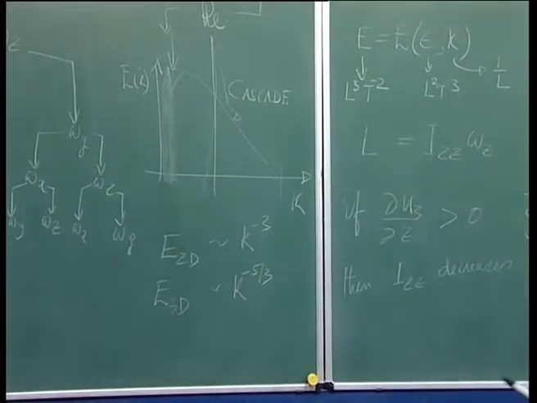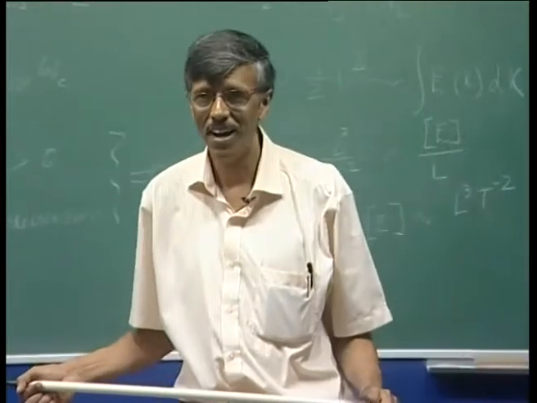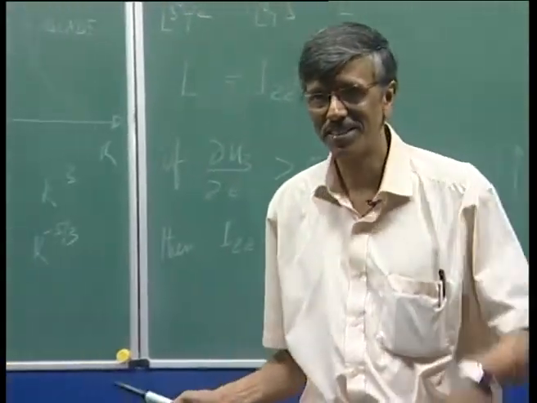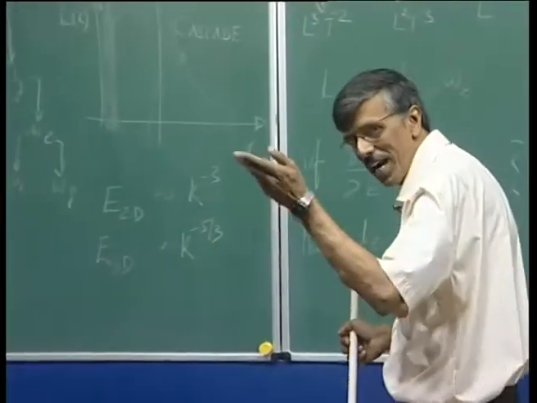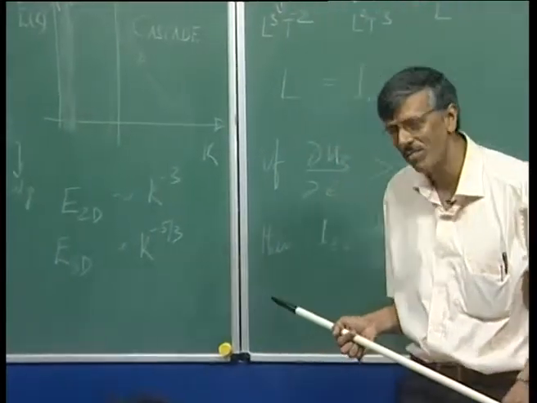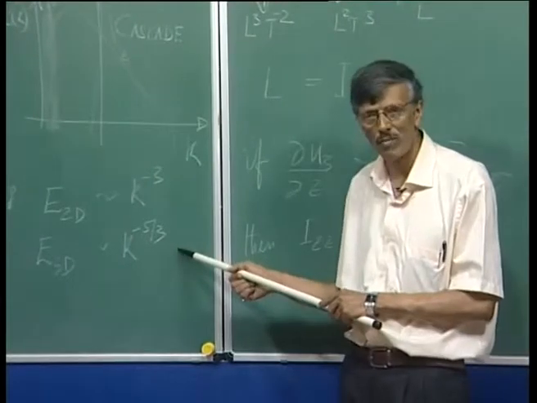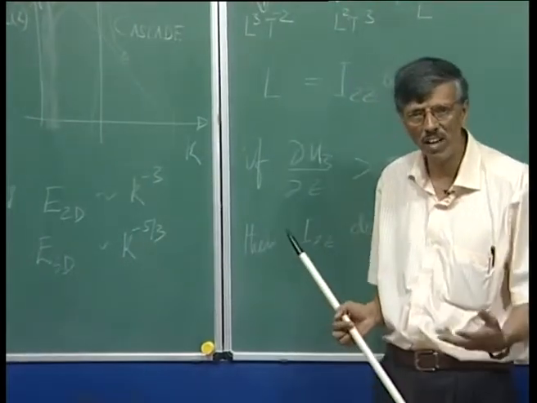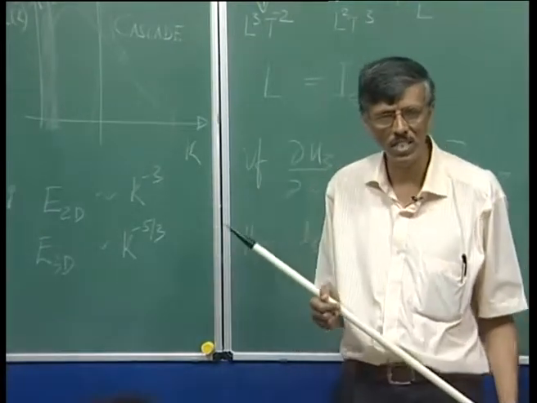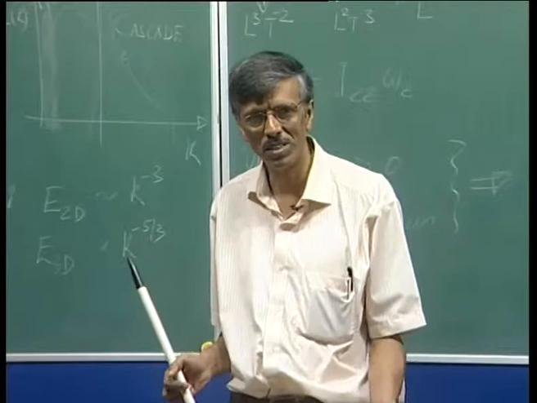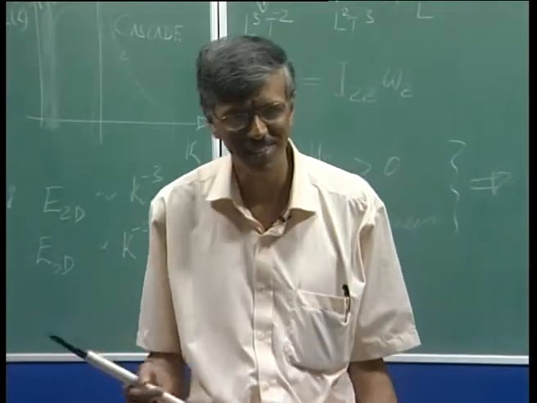So, do understand that if you have a way of measuring the energy spectrum and you look at different k ranges and you see what kind of slope it has: if it has a slope of minus 5/3, you can say 3-dimensionality is important, and if the slope is minus 3, then the 2-dimensional aspect of the flow is important.